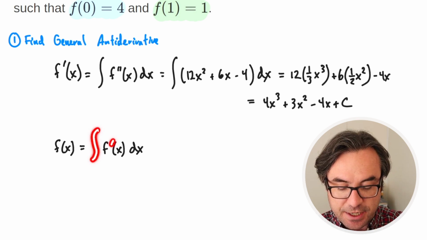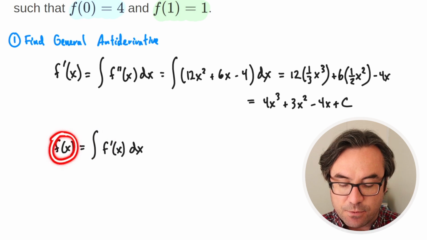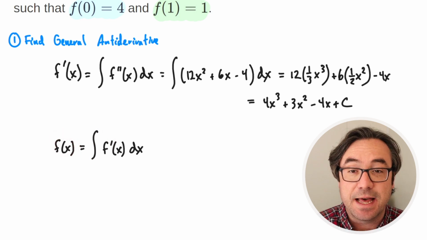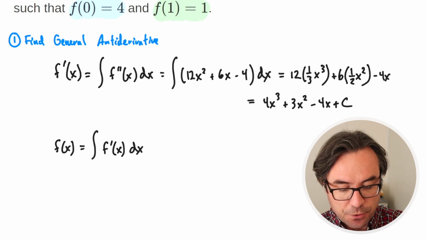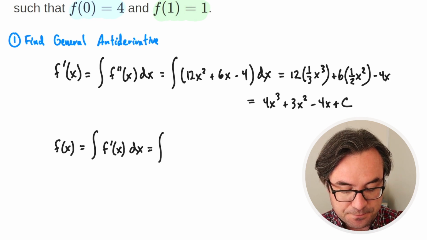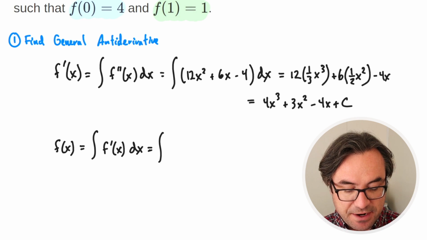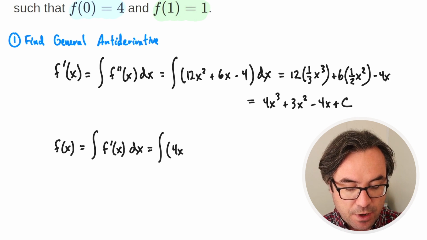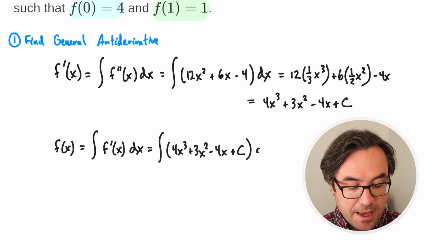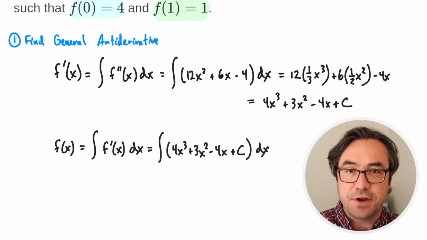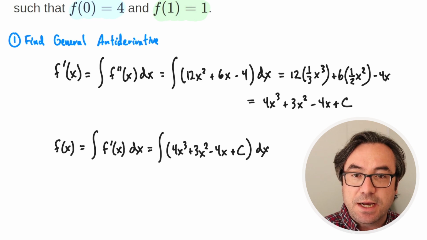So the integration is going to cancel out that derivative, and we're going to be left with just f of x. So let's go through it. Let's fill in our simplified version of our formula for f prime: 4x cubed plus 3x squared minus 4x plus c. And we want to do the antiderivative here, with kind of the same process that we did.